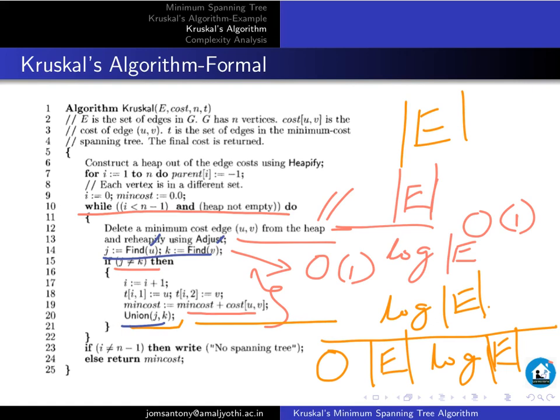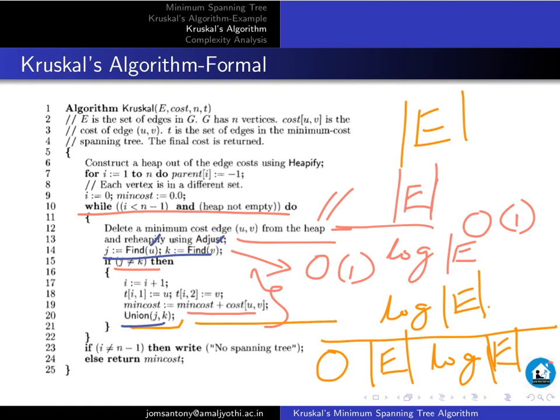So we are actually maintaining some sets where these vertices are kept. If u and v are already present in the same set, then j and k values will be the same. If they are present in different sets, then j and k values will be different.